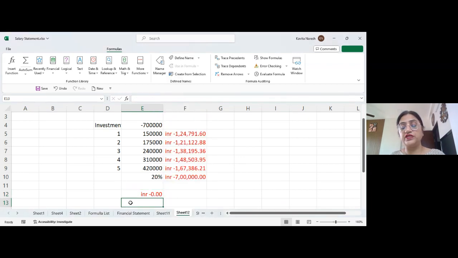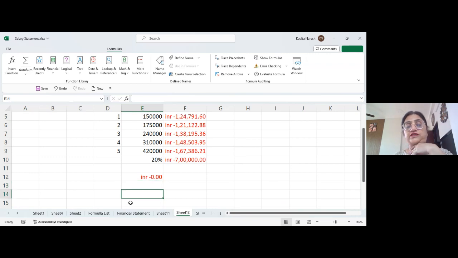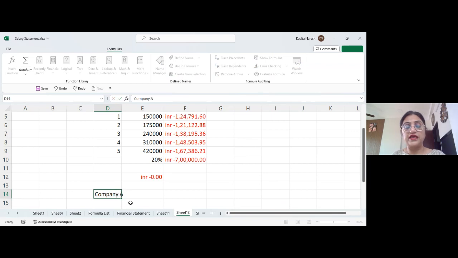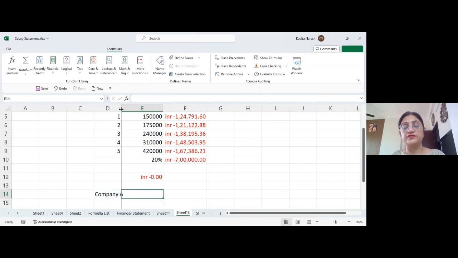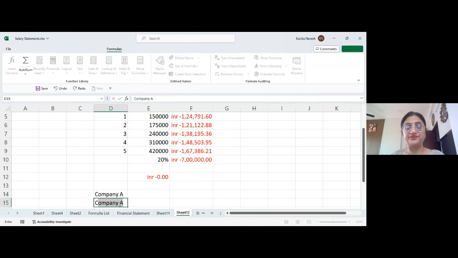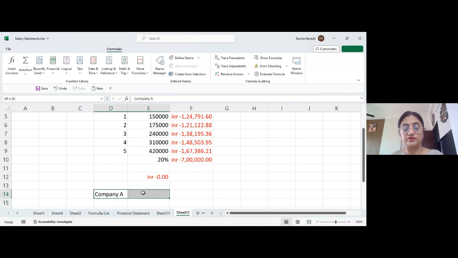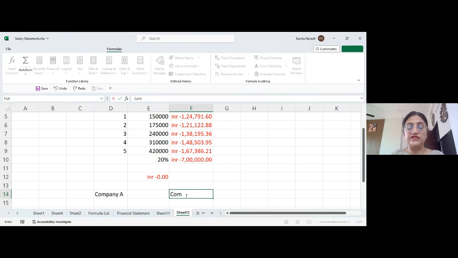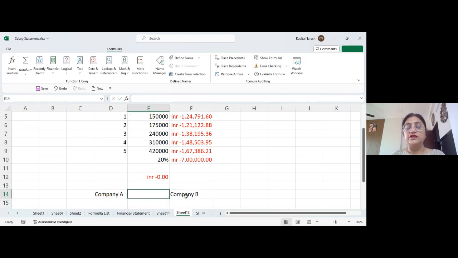Okay. Now, I want to compare two projects. This is company A and this is my company B. These are the parameters of company B. In both companies, I'll invest 7 lakh rupees.